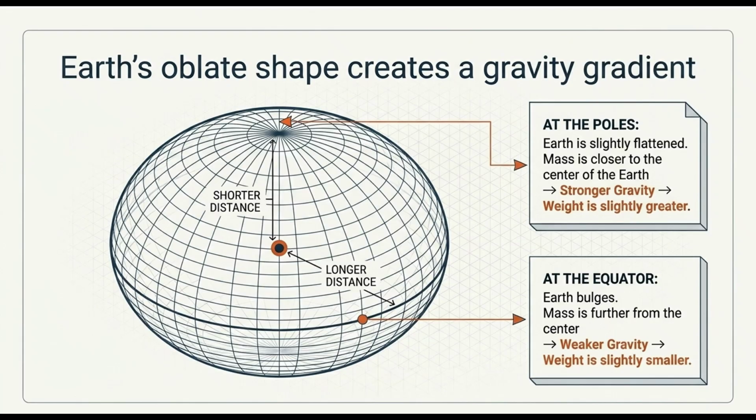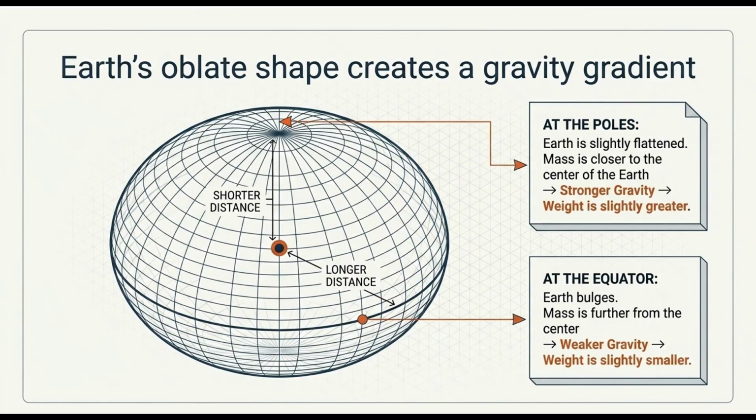Now let's look at Earth's oblate shape. We know that Earth is not a complete sphere. It is slightly flattened at the poles and bulges at the equator. You can see that here. As a result, people at the poles are slightly closer to Earth's center than people at the equator. So this distance is shorter compared to this distance.